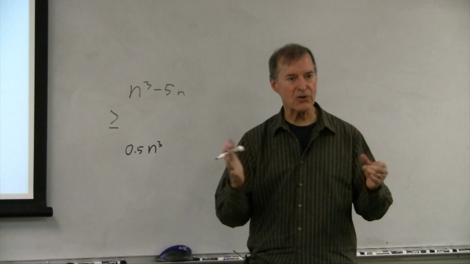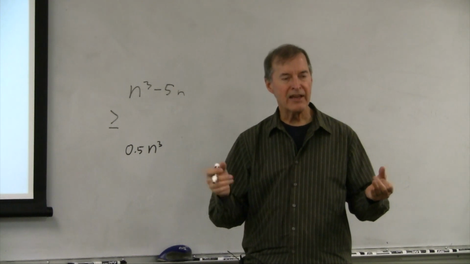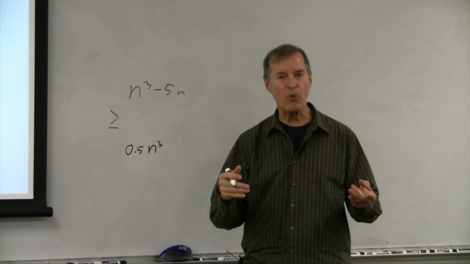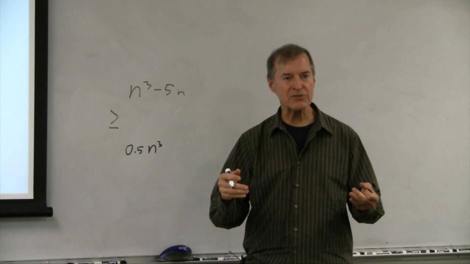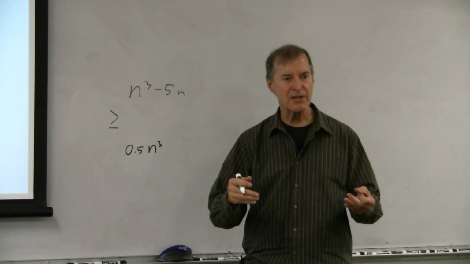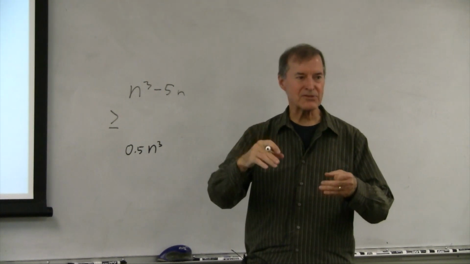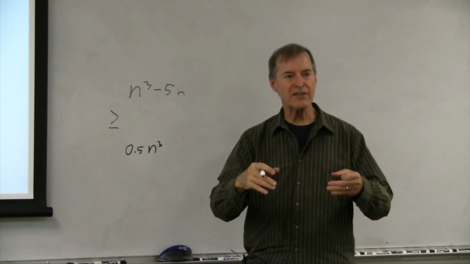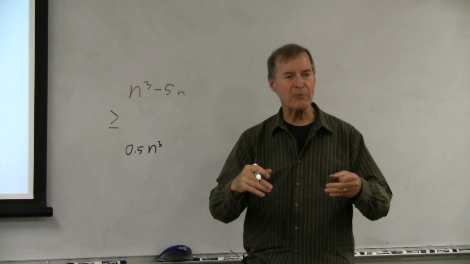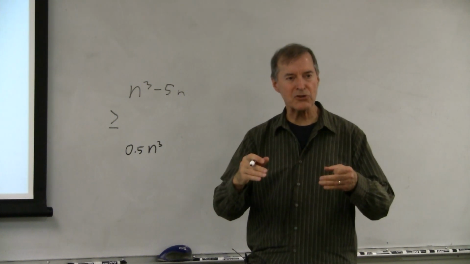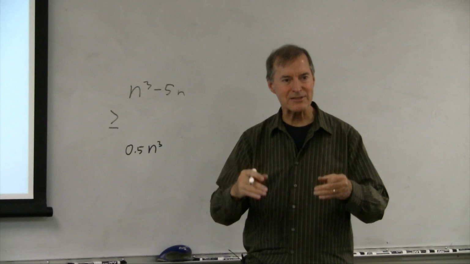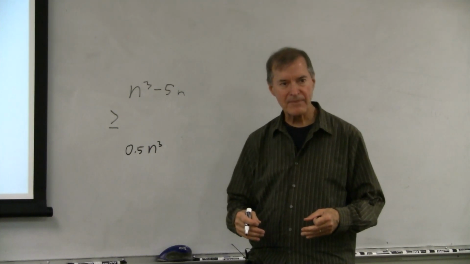In fact, for a lot of these, there's not one particular c and n naught that works. There are different ways to prove them, such as increasing the negative or dropping a term, and you might get a different c and a different n naught. All I have to show is that they exist. Are you with me on that?